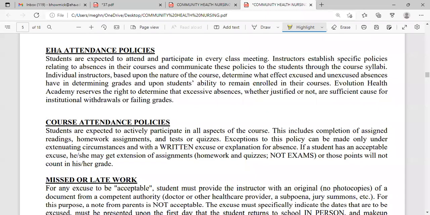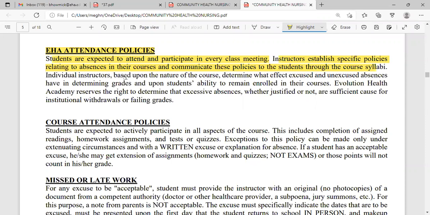So, Evolution Health Academy attendance policies. Students are expected to attend and participate in every class meeting. Instructors establish the specific policies related to absence in their courses and communicate this policy to the students through the course syllabi.